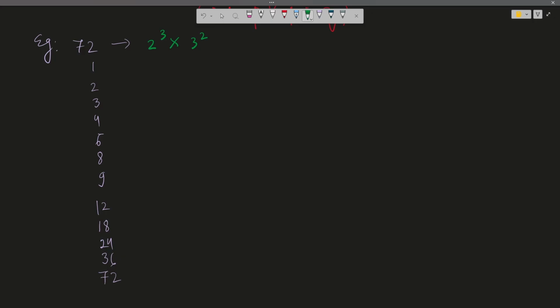That means no factor of 72 will have a power of 2 greater than 3 and a power of 3 greater than 2. They are restricted to 2 to the power 3 and 3 to the power 2.